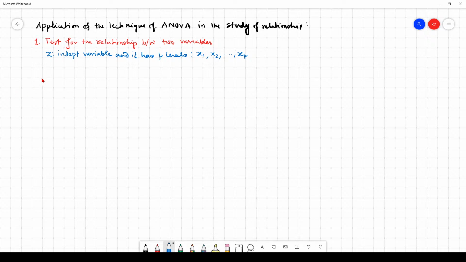And assume the variable x is non-stochastic.